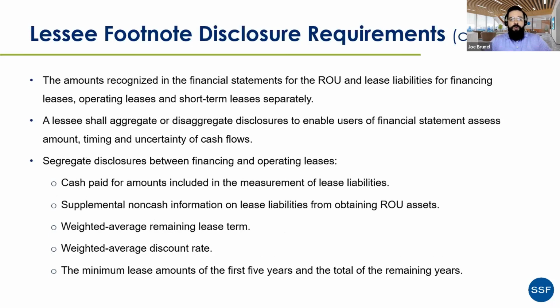Okay, we listed a few more of the disclosure requirements on this slide, some of the other things you need to consider in your financial statement disclosures. One thing to remember is that in the footnotes, we'll need to segregate the disclosures for the operating and the financing leases separately. It can still be one note, so let's pretend it's note 10 in your financial statements.